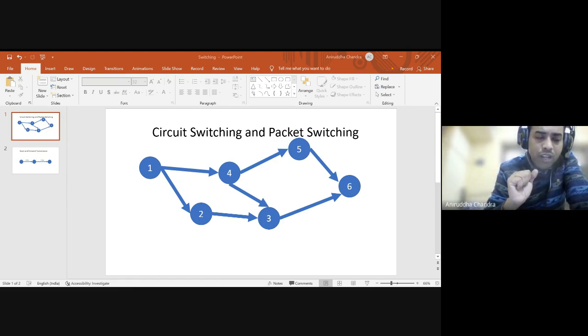So you can consider this situation as: node 1 is the mechanical department HOD's telephone, node 2 is the exchange, node 3 is the civil department HOD's telephone. So the choice of path is very clear. It is like 1, 2, 3 always. The connection should be made from the mechanical HOD's telephone to the exchange to the civil HOD's telephone. Very clear, no ambiguity, fine.